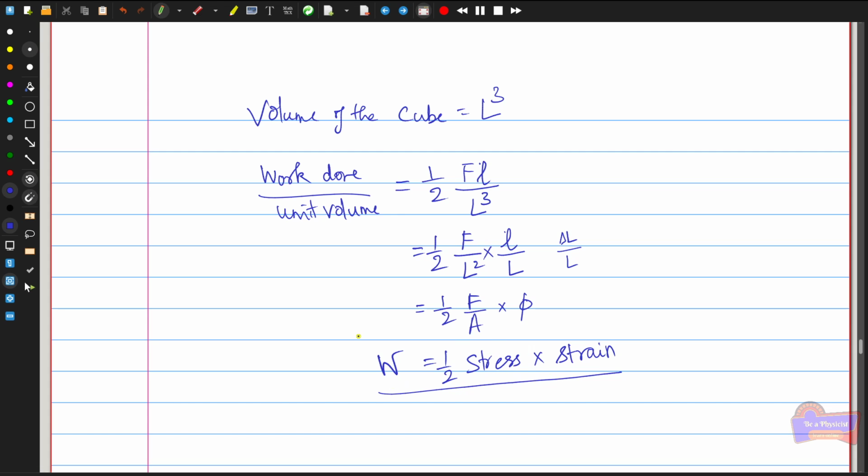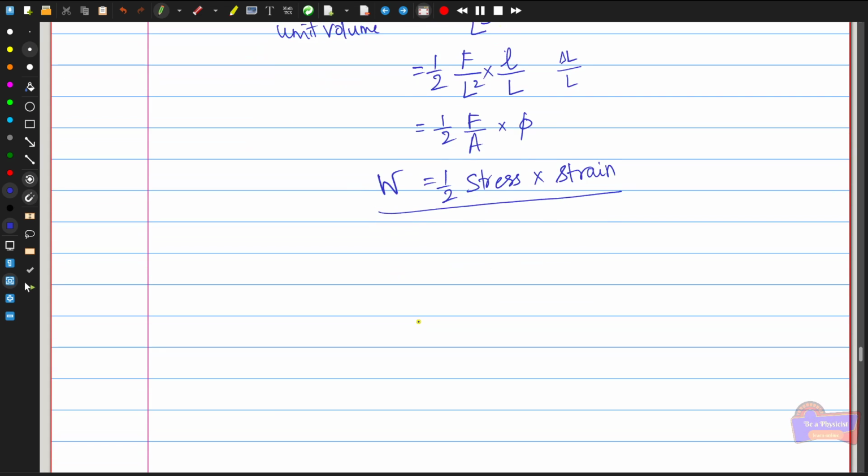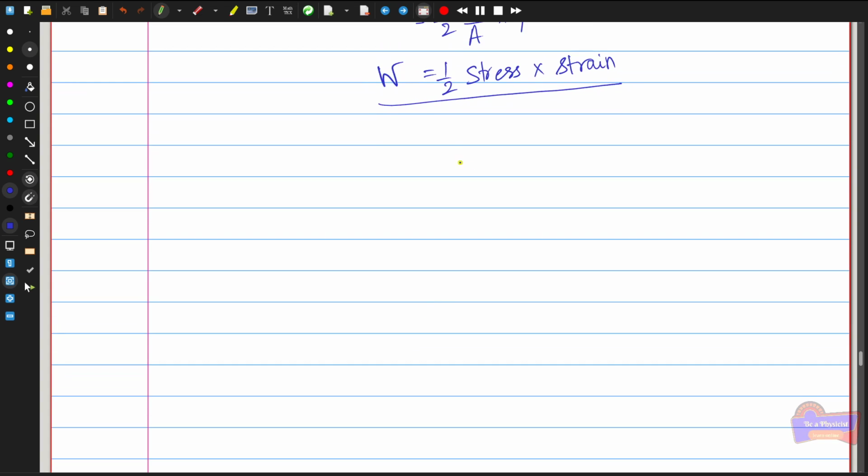So similarly, you can prove that the volume strain also has the same form. So the third one is the volume strain.